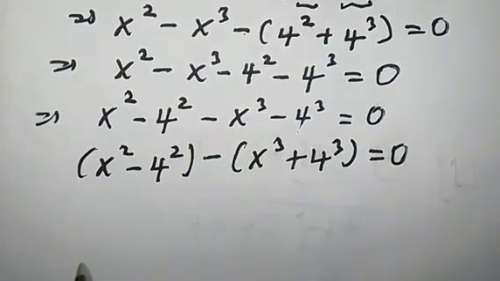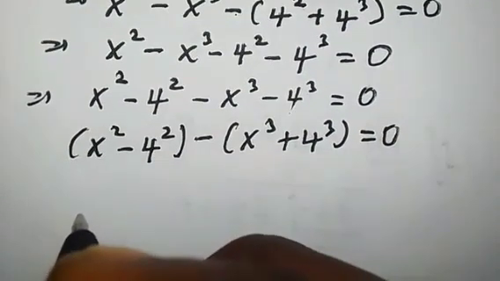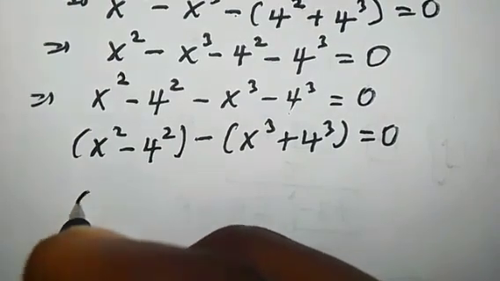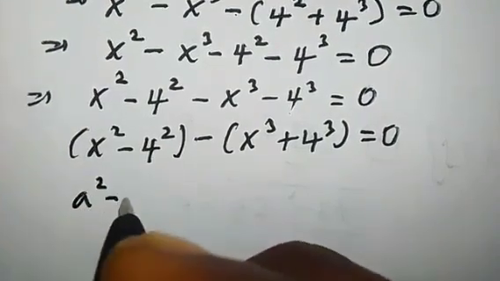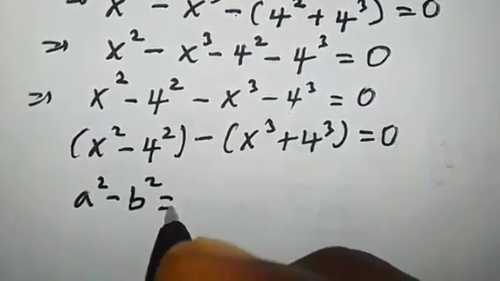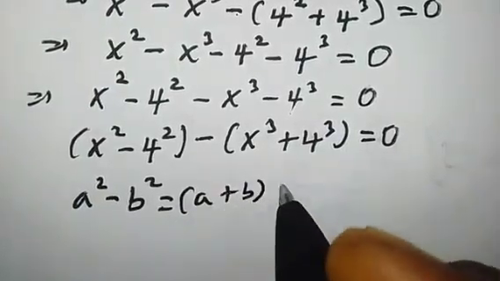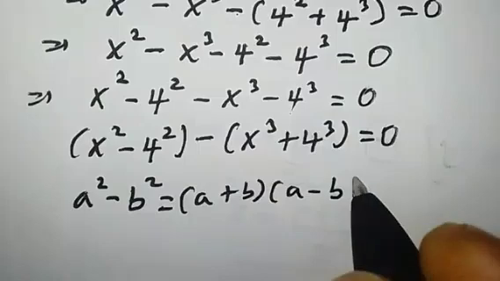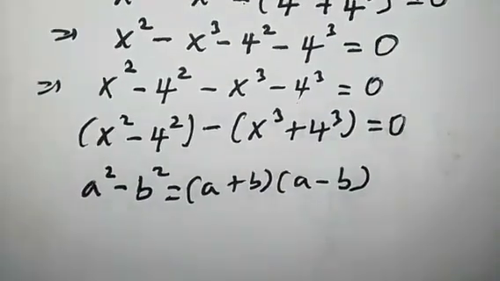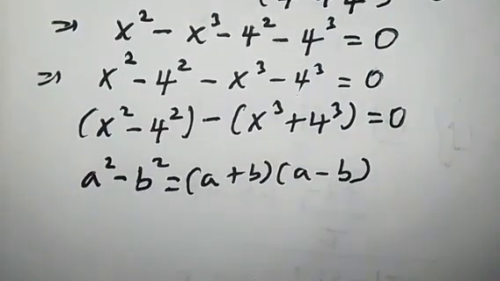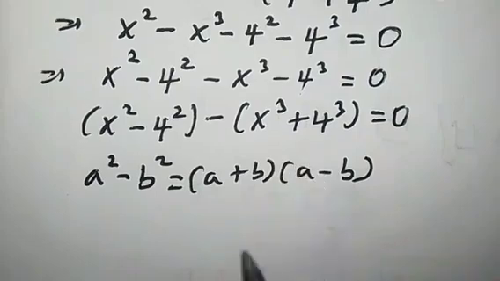At this stage, we need to recall some algebraic properties. The first one is difference of two squares. a square minus b square is equal to a plus b times a minus b. The second property that we need to recall is sum of two cubes.